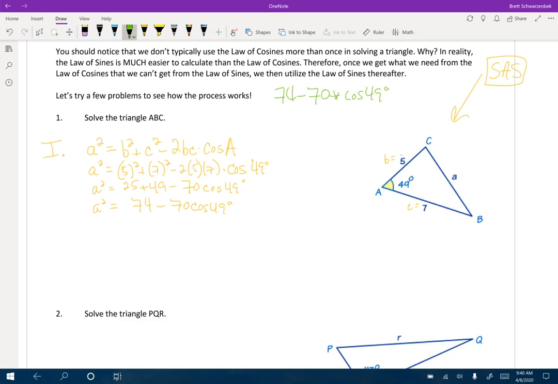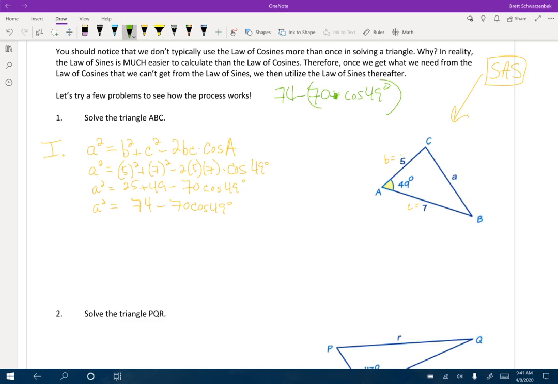If you do that, the calculator does not know PEMDAS, so it's going to do this first and then multiply that by this. That is, again, illegal. What you need to do instead is 74 minus 70 times, with a little dot, cosine of 49 with parentheses. So just a little bit of a tip there for you.